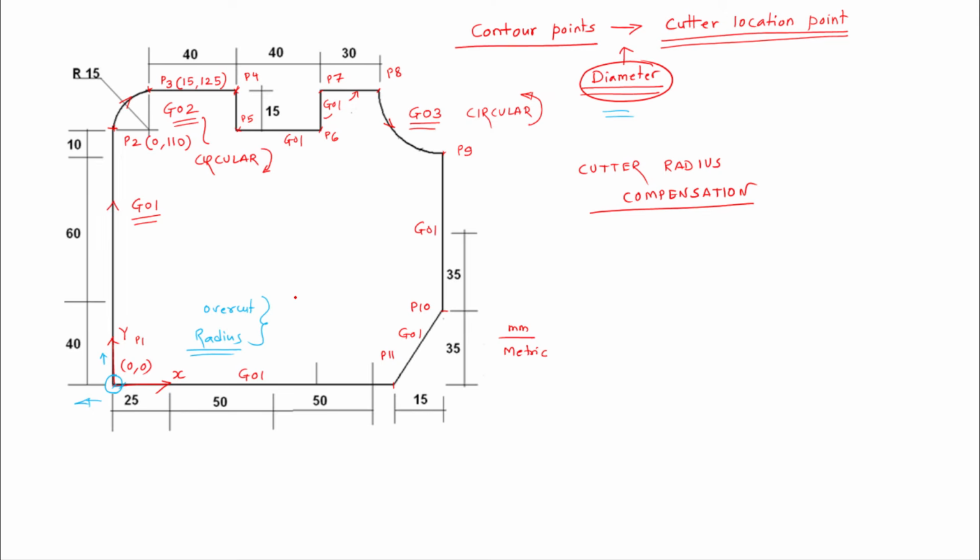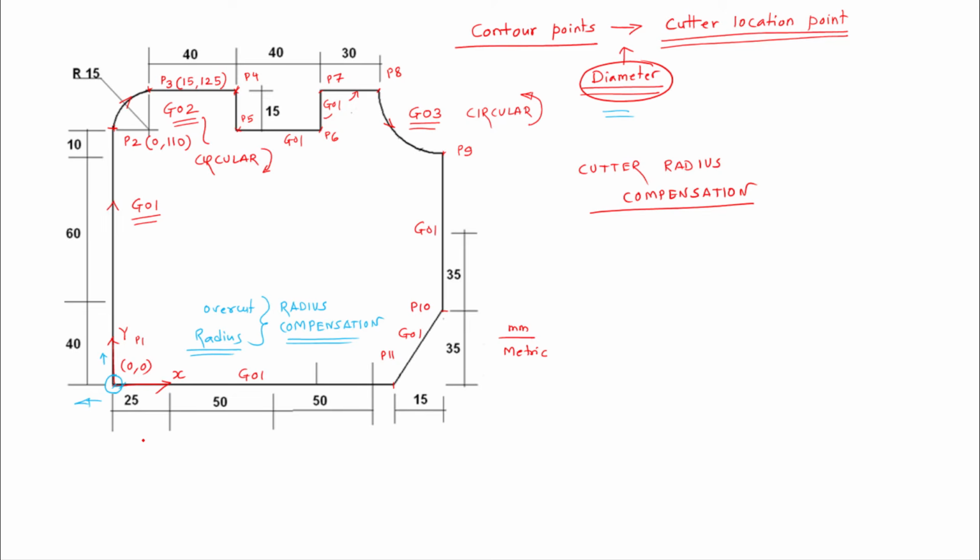To tackle this problem, we have to apply radius compensation. To activate the radius compensation, we have to give some margin distance. During that margin distance the controller will take the tool and activate the cutter radius compensation. So for that purpose, we have to take the tool not exactly at 0, 0 when we start writing the program.